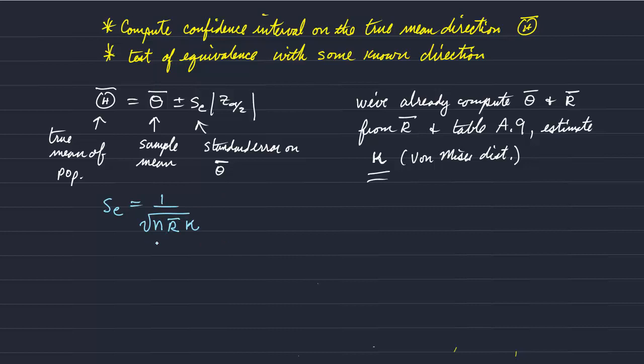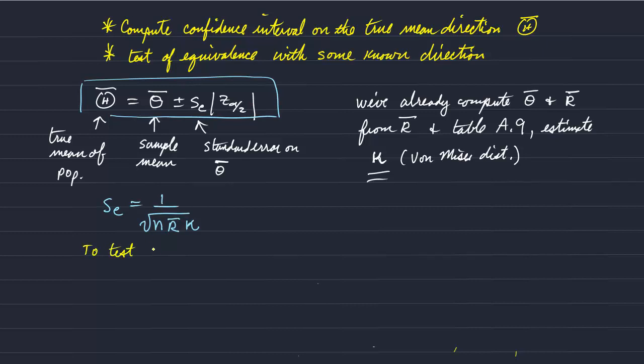And so you can see, of course, as the number of samples goes up, the standard error on theta bar decreases, likewise, as the resultant vector gets longer, the standard error decreases, and as the concentration parameter increases, the standard error decreases. So this allows us to define the probable direction of the true mean with the standard error. And of course, we have the z statistic, which comes from the Gaussian distribution, and that's a function of our significance level.